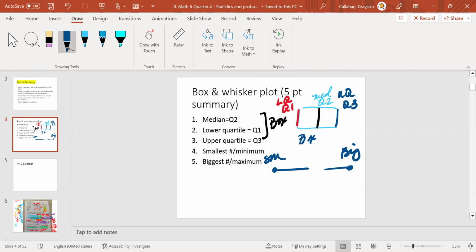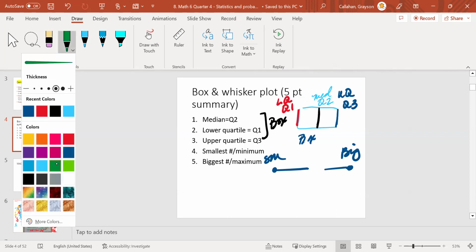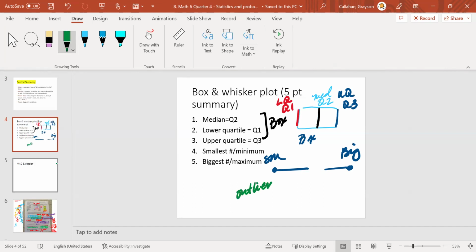Now, which one are the outliers? The outlier, smallest number and the biggest number. Those are the outliers. They're called outliers because most of the data are gonna be in the middle, right?